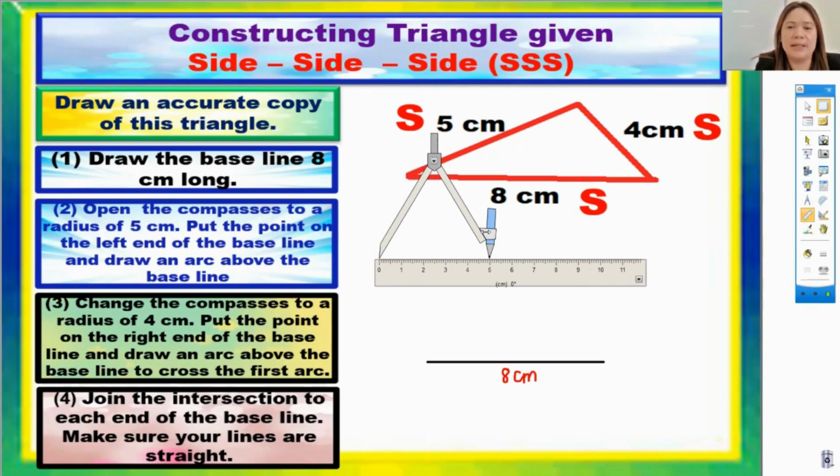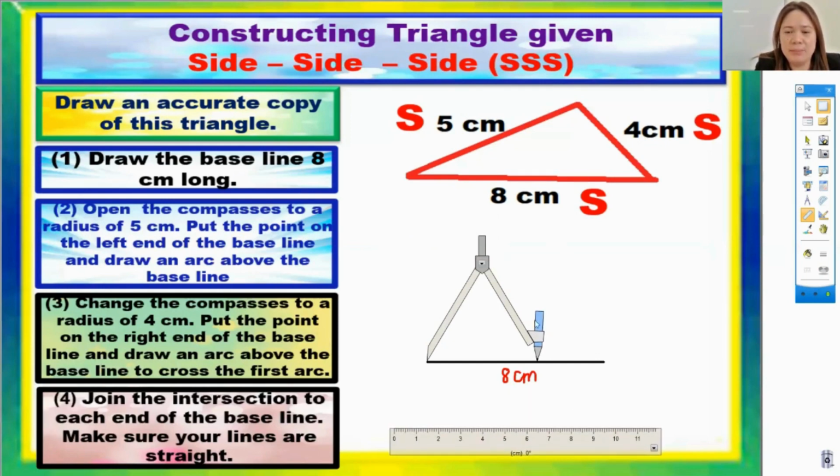So put your compass like this, measure that it should be 5 centimeter exactly. So use ruler and compass. So put the point on the left. So I'm going to put the point on the left side of the baseline, and draw an arc above the baseline.